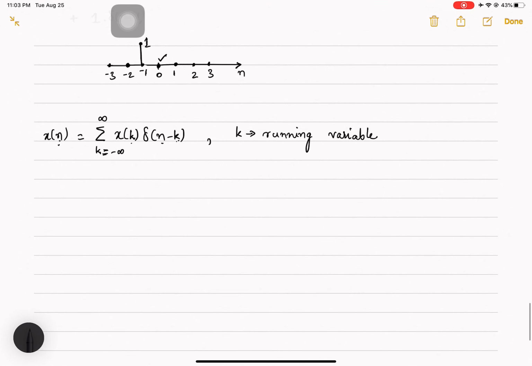So what I did was I took a general sequence with random values and I expressed it as a linear combination.